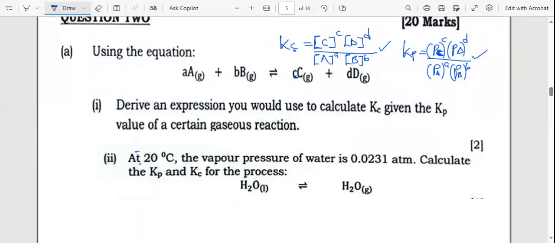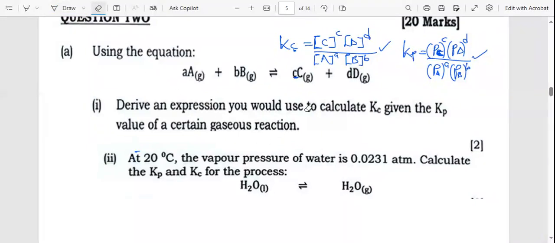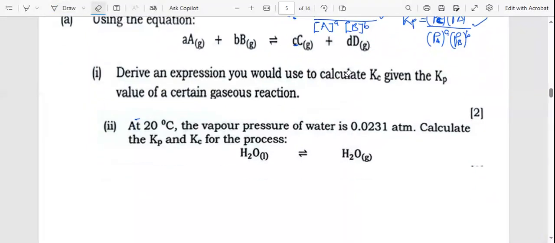So at 20 degrees Celsius, the vapor pressure of water is this one. Calculate the Kp and the Kc value for the reaction. So here, using these, there's a relationship between these two.